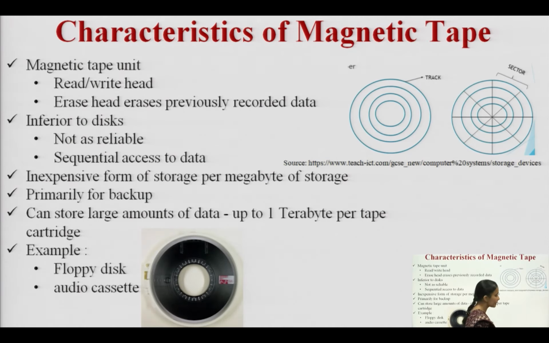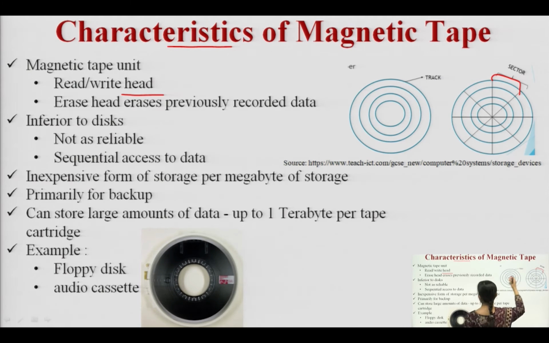Next are the characteristics of magnetic tape. The magnetic tape unit has a read write head. The data is stored in the form of tracks, and these tracks are further divided into sectors, where the data is stored.